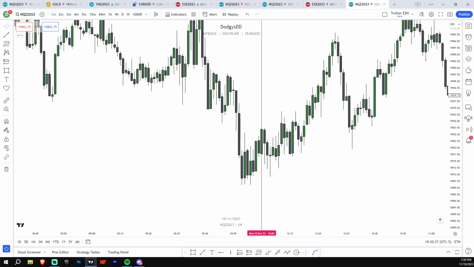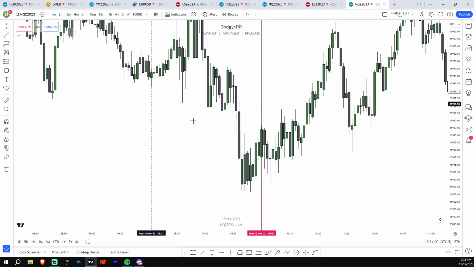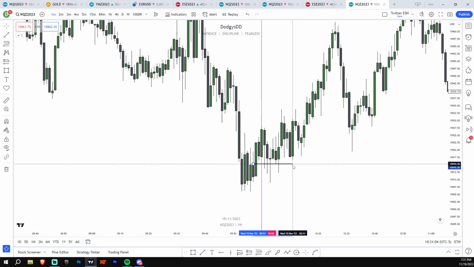What do you guys say? I know everyone here probably has different models, but does it really look like it gives us a good long model here? All right, this answer would be a little more subjective, because for me, I would actually say no. This just looks like chop to me, but if you're an order block trader, I could maybe see an argument for a long in this order block right here, or something like that.